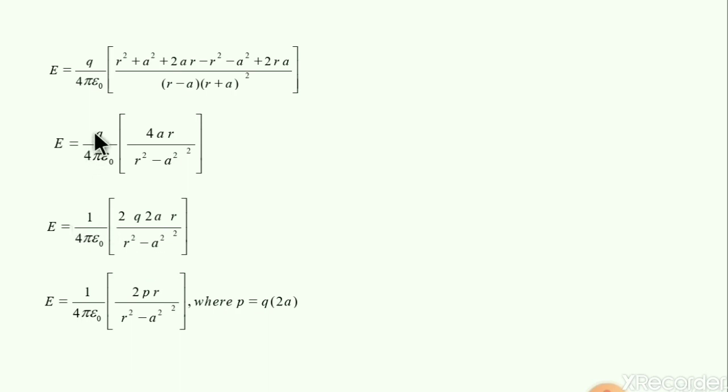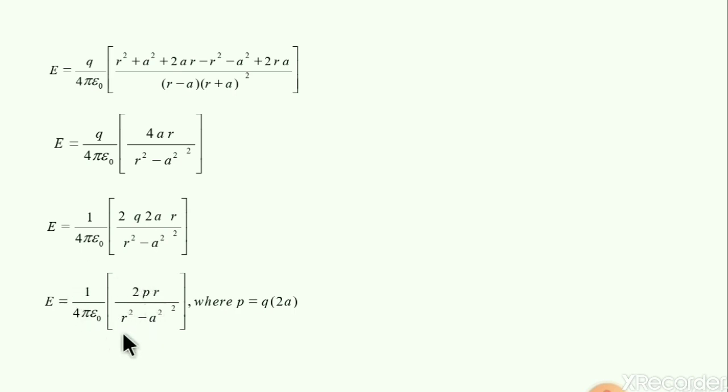In the next step, this q is taken inside the bracket, and then only 1 by 4 pi epsilon naught is left. What is 4qar made as? We have split 4 as 2 into 2, with qar written as it is. Now carefully observe, this q into 2a is actually what we learnt as the electric dipole moment, and this 2 and r stay in their places.